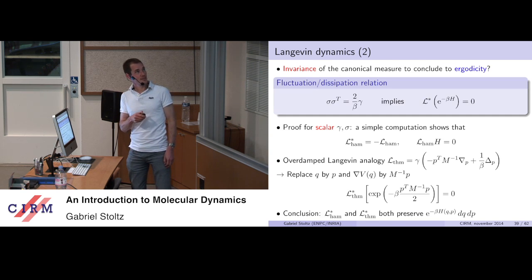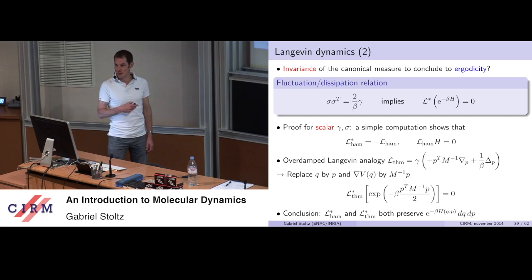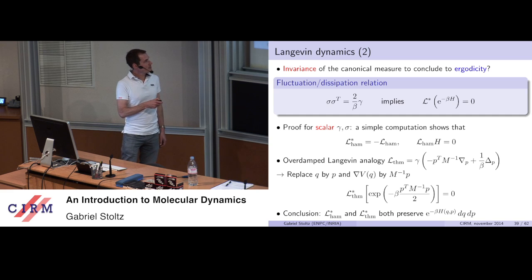Since you have that, and since a simple computation shows you that energy is preserved by the Hamiltonian part, you immediately have that the Hamiltonian operator applied to any function of H is equal to 0. So in particular, L_Hamiltonian applied to exponential minus beta H is equal to 0.